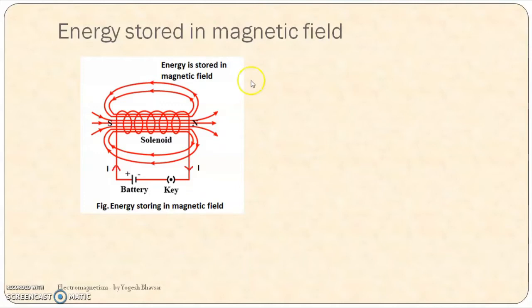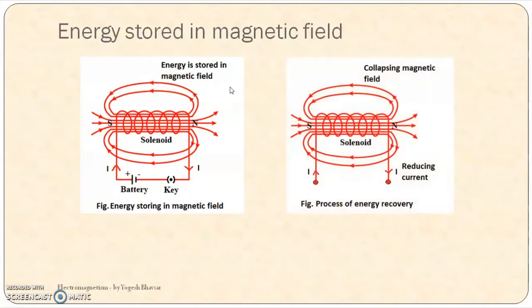So this is the process of energy storing in the magnetic field. When we connect a battery to the coil, it will produce a magnetic field. And as I said, with the concept of residual magnetism, if we remove this battery, the residual magnetism is present in this coil. So this we can call the energy stored in the magnetic field.